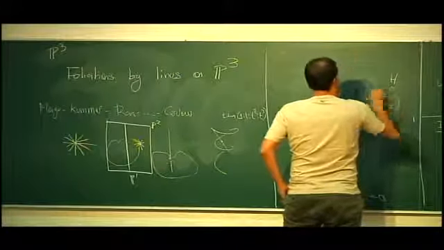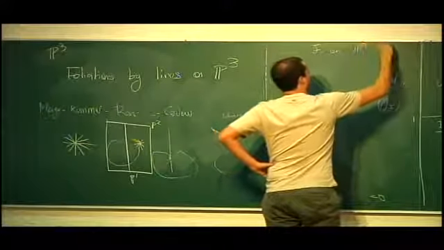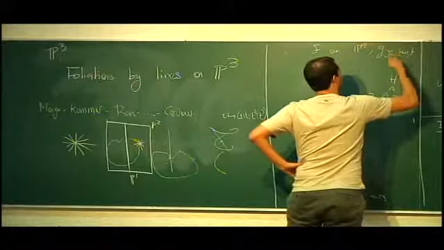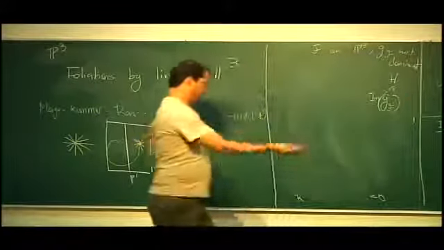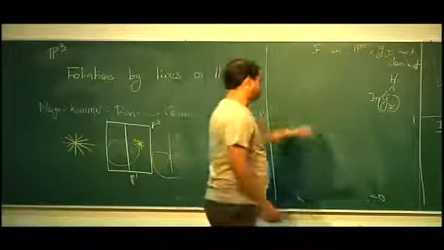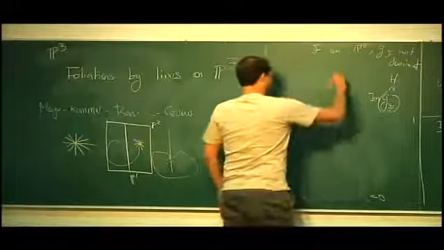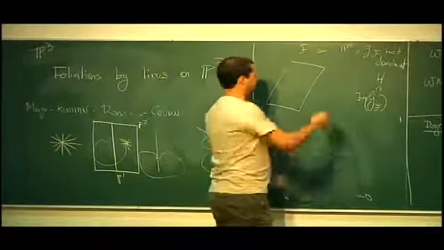So I'm calling that F on P3, the Gauss map, not dominant. And just take the pre-image of this H. So what I'm saying, I know that this will be a union of lines.